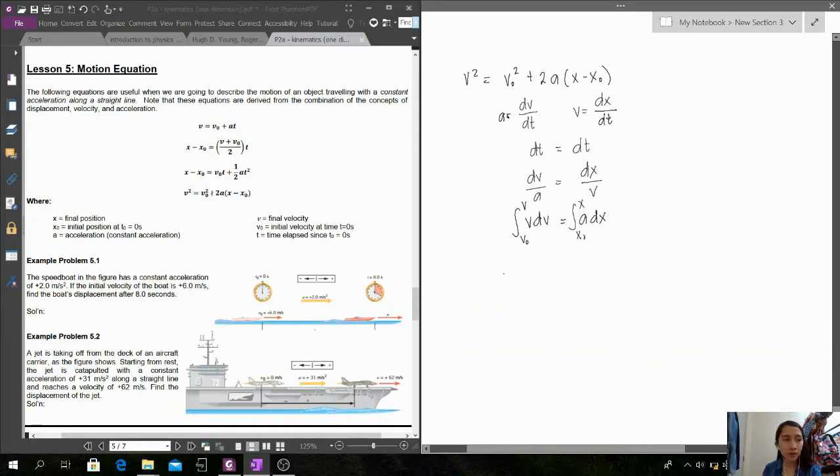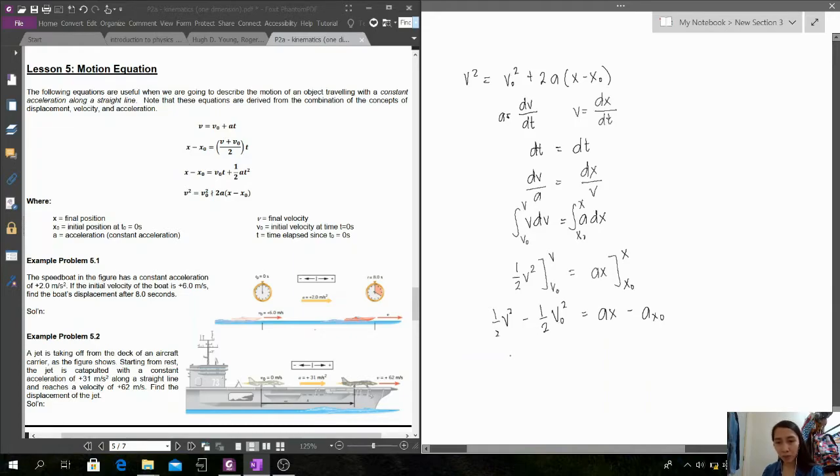So we have 1/2 v squared from v sub o to v, and a x from x sub o to x. So we have 1/2 v squared minus 1/2 v sub o squared, which is equal to a x minus a times x sub o.